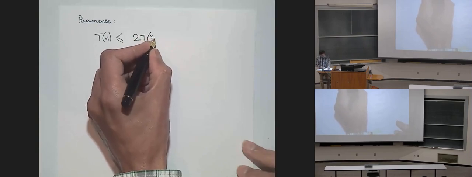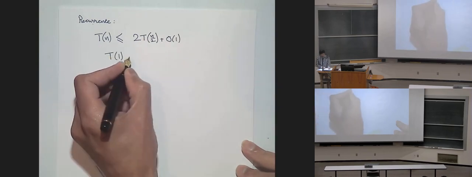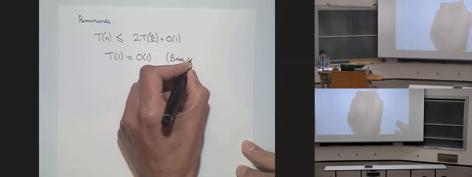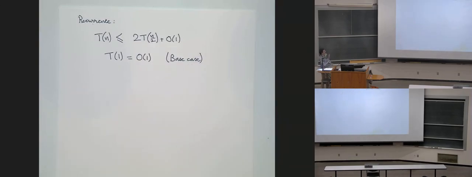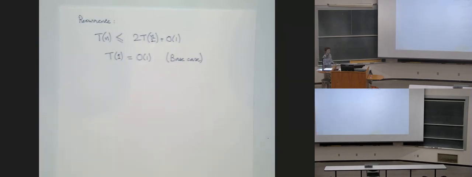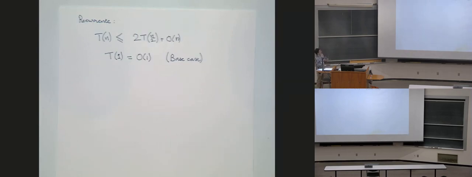And T of 1 is O of 1. This is the base case. This is just saying that when it's a single element, it takes some constant time. Does this look familiar? You've seen this mostly? Oh, and actually this should be O of n. Sorry, that was a mistake there.